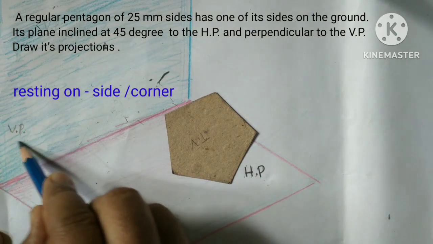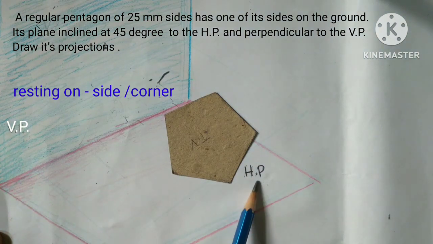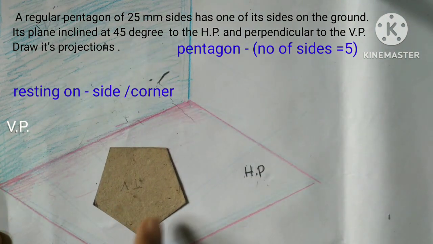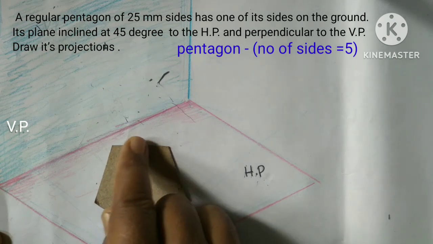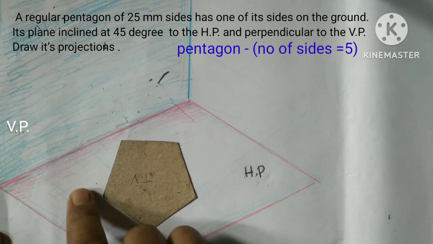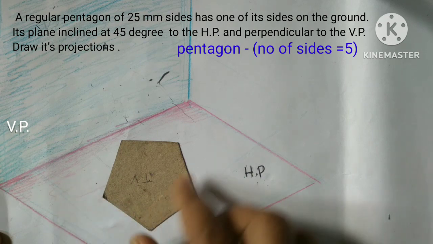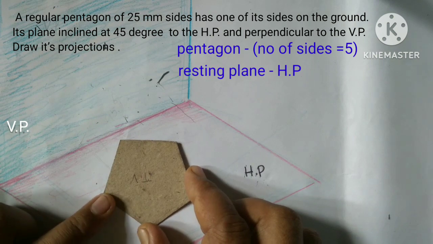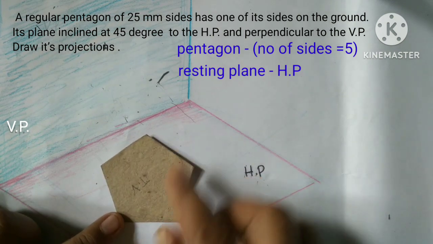So this is the vertical plane and this is the horizontal plane. And here is our pentagon. A pentagon is a polygon where the number of sides is 5: 1, 2, 3, 4, 5. And it is resting by one of its sides, not corners. The resting plane is the horizontal plane, HP.